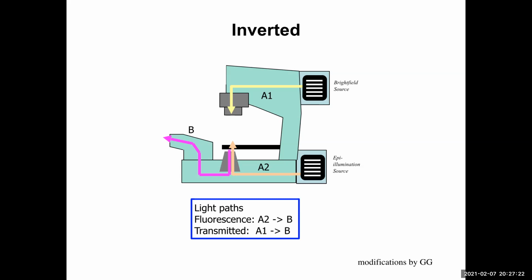By the way, there's mirrors, etc., inside the scope. So we send it out using mirrors and things like that, out to the oculars or to a camera. So in this inverted scope, you're only using the bottom half for fluorescence, and the objectives are down in the base. And again, the condenser is not used at all in fluorescence.